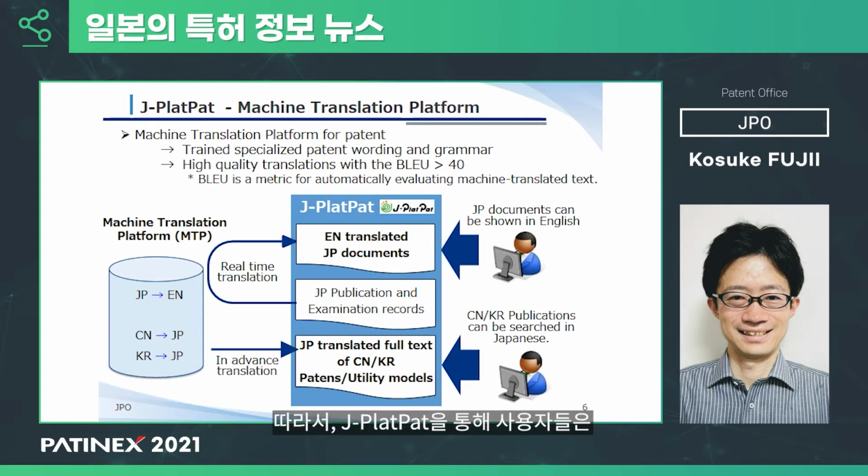Therefore, users can search the Chinese and Korean documents using Japanese text as search keywords on Jplot. The other translations, such as English to Japanese translation, are provided by the private service providers.